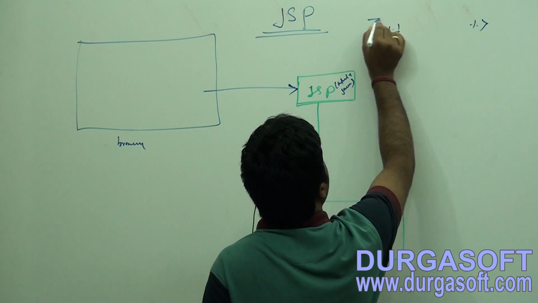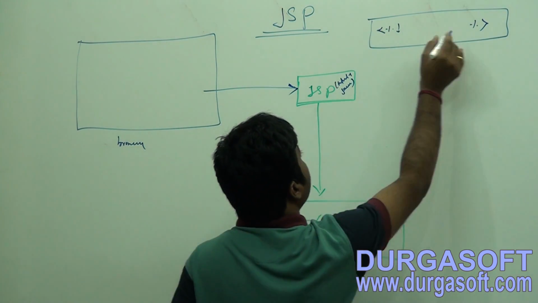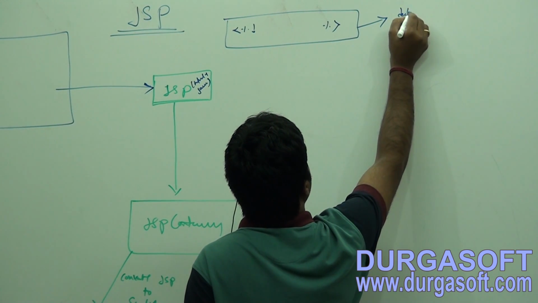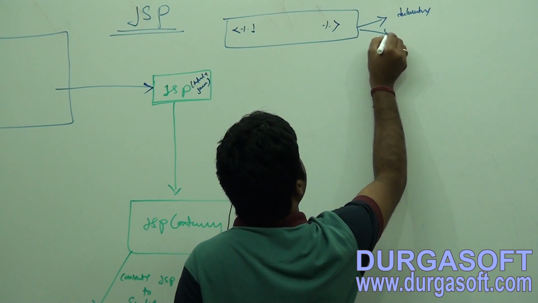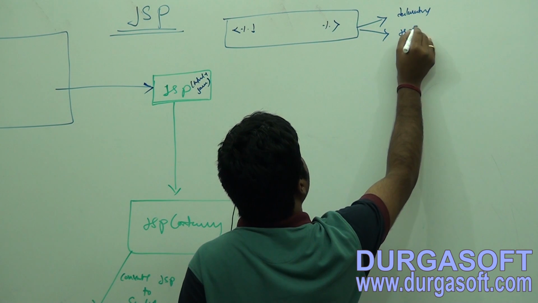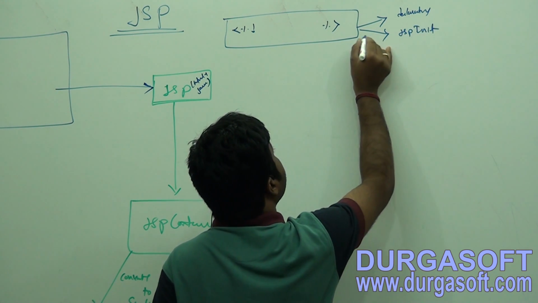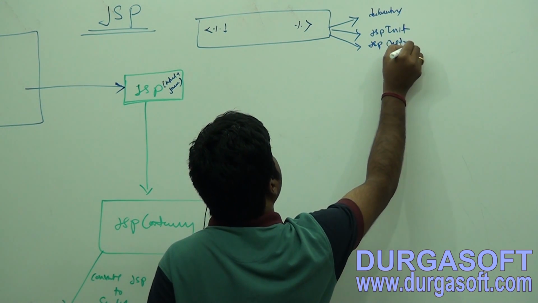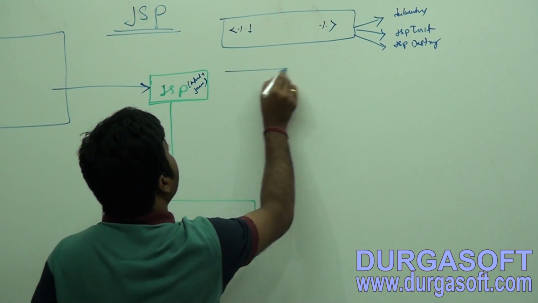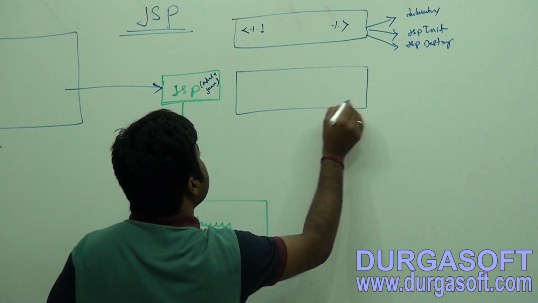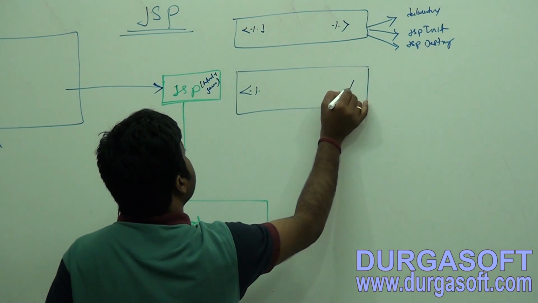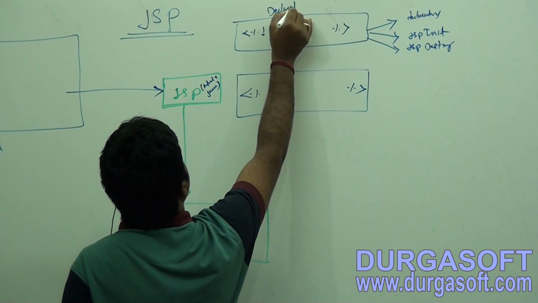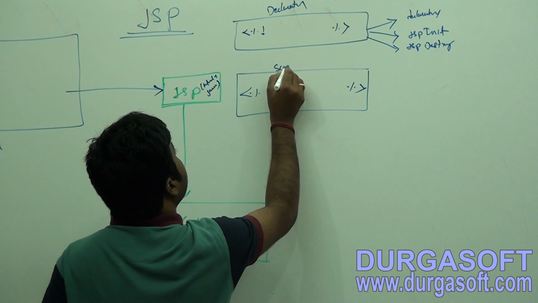In this declaration tag, you can use it for declarations, and you can use it for jspInit and jspDestroy. And they have given one more tag. The tag name is scriptlet. This tag is declaration, and this is scriptlet.